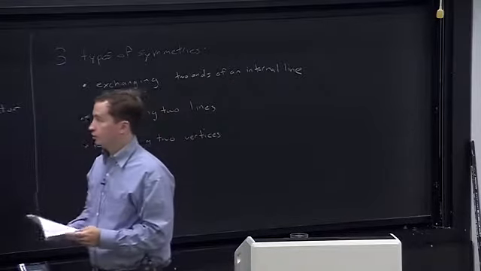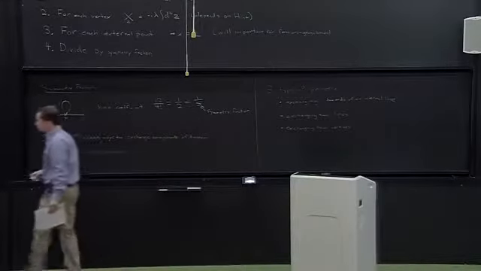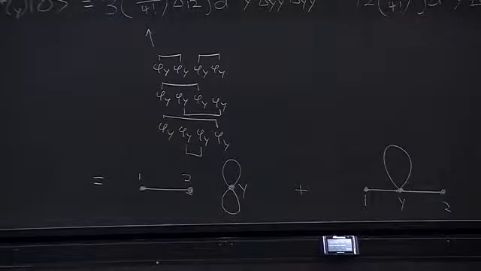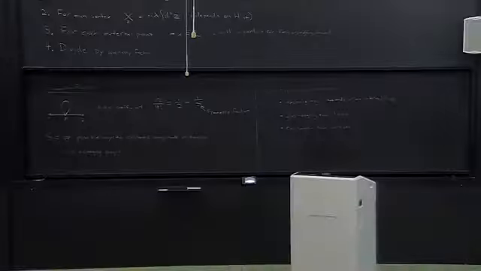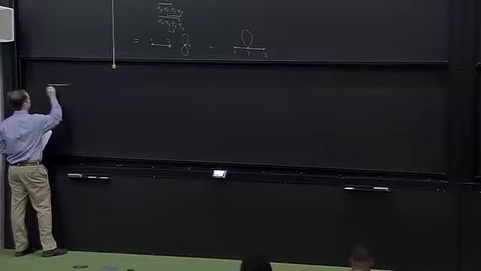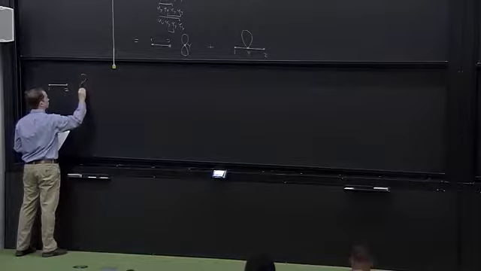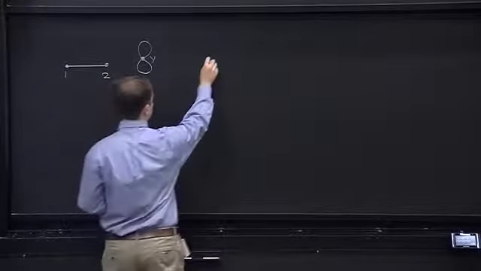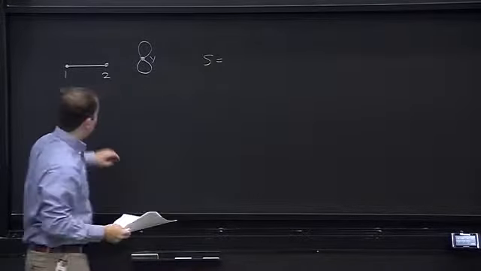Okay. So let's look at the other example and see if we can figure out the symmetry factor here. If we look at this other diagram, we can compute the symmetry factor as follows.